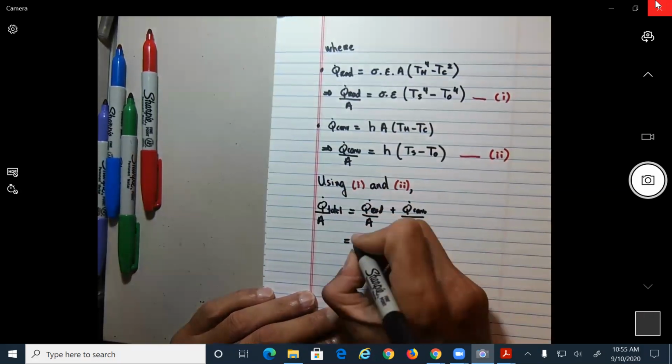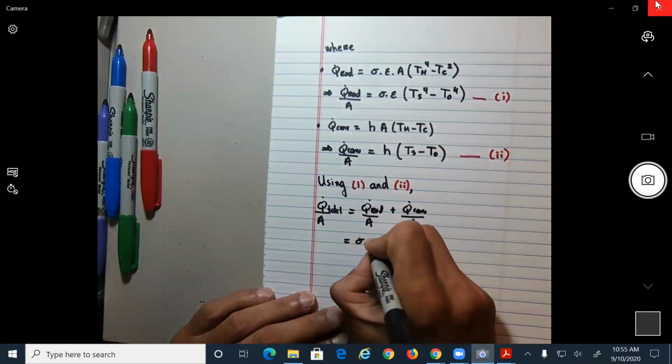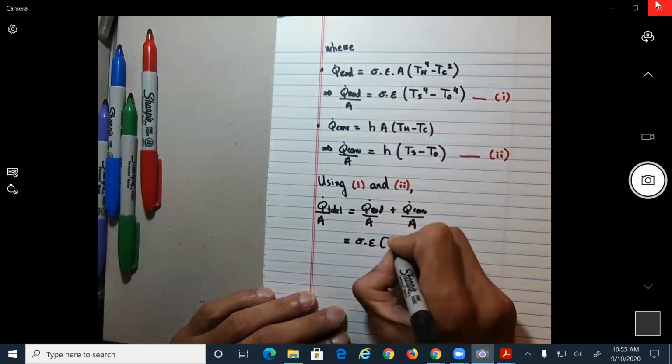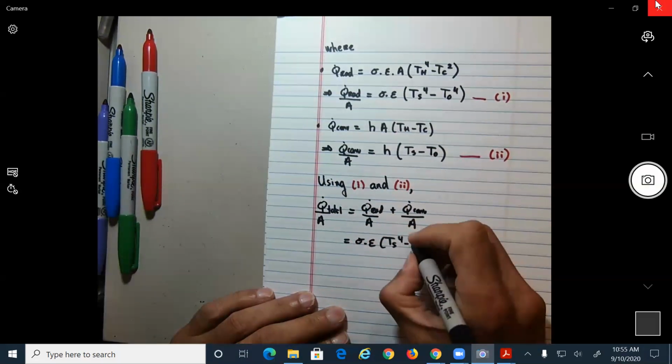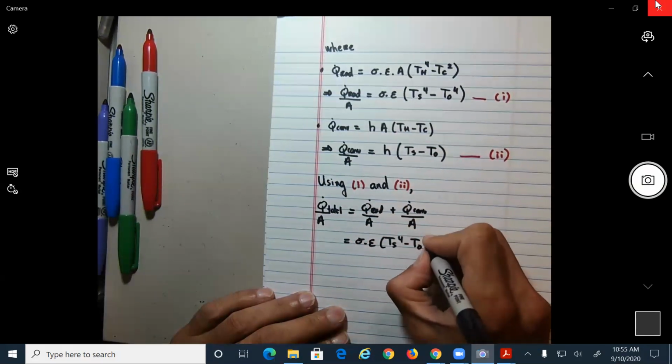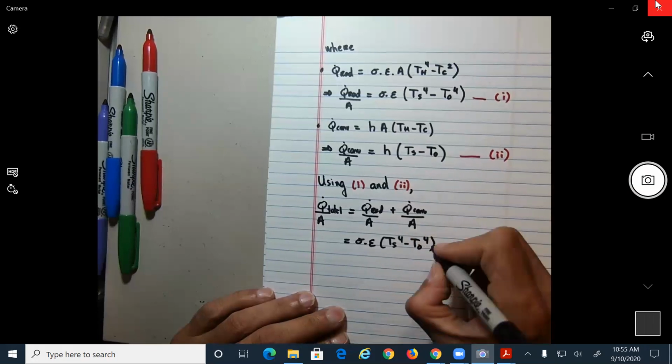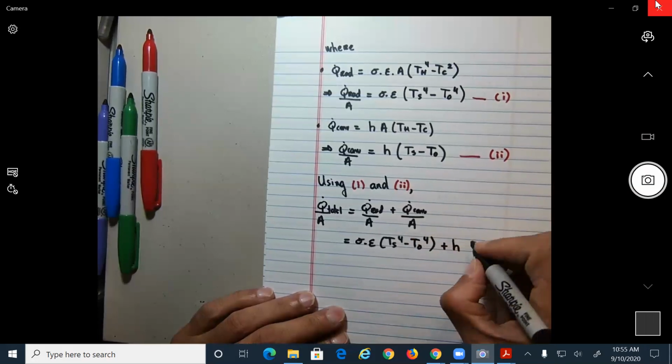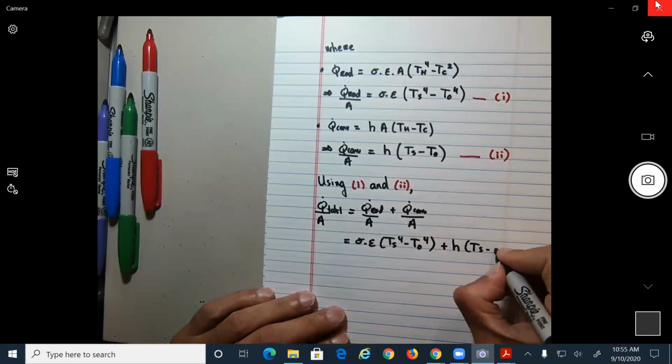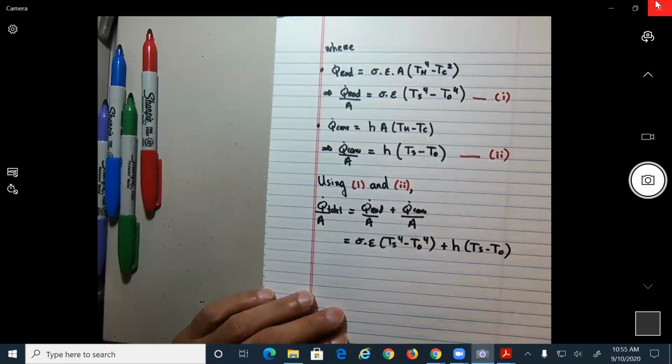So it will be equal to sigma epsilon (T surface to the fourth minus T of the surrounding to the fourth) plus h (T surface minus T naught).